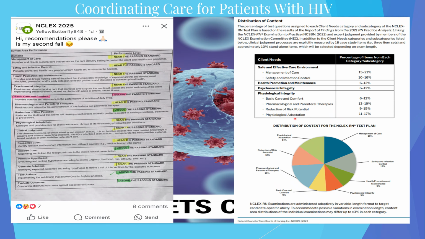You see here that each slice has a percentage. So think about it: if you want to pass with 100 questions, you will do like 15 to 21 questions from one slice, and then 6 to 12 from another.